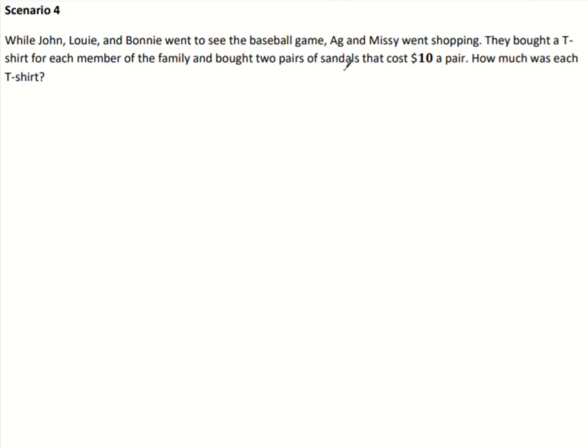For scenario 1, the number of matinee tickets and drive-in tickets were the same, but this time, how many t-shirts am I buying? Well, I'm buying one for each family member. I'm going to buy 5 shirts. And I'm only buying 2 pairs of sandals.